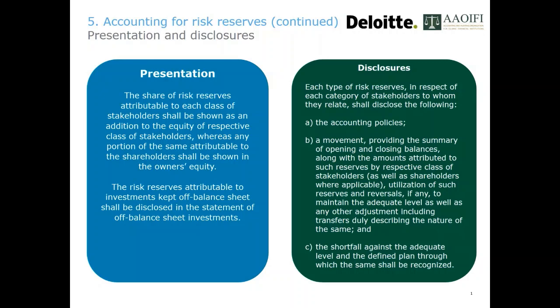Secondly, the utilization of such reserves and reversals, if any, to maintain the adequate level as well as any other adjustments, including transfers duly describing the nature of the same. And finally, the shortfall against the adequate level and the defined plan through which the same should be recognized. This is the major requirement that's introduced under FAS 35.